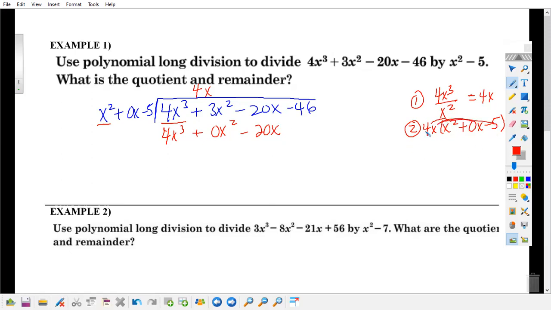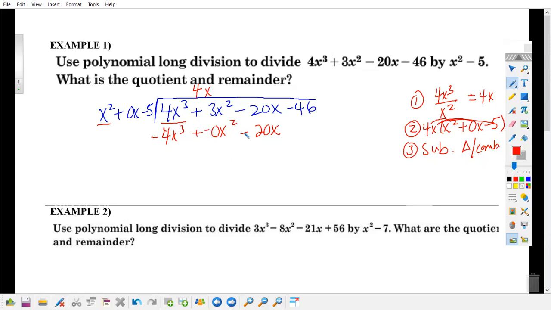Okay. After you multiply, then you're going to subtract. Subtraction means we are changing the signs and combining. So we're going to change and combine. That triangle means change. So instead of being positive, you're going to be negative.